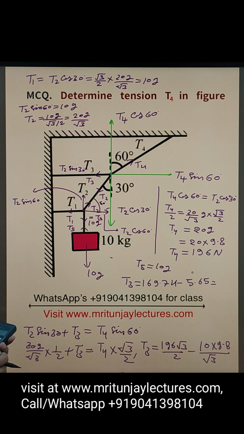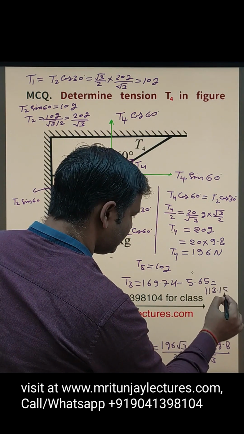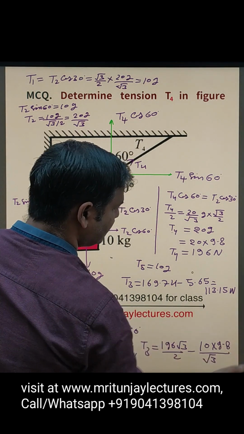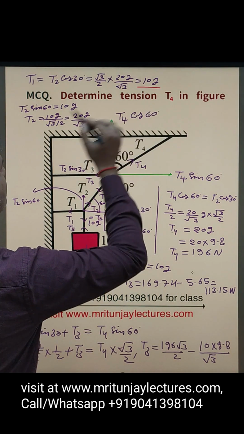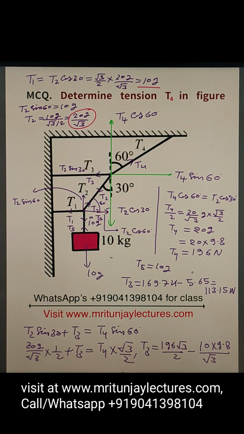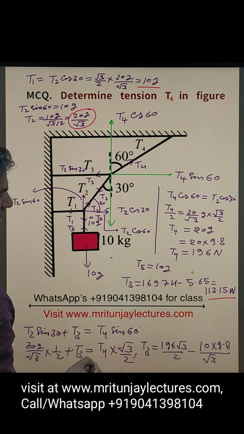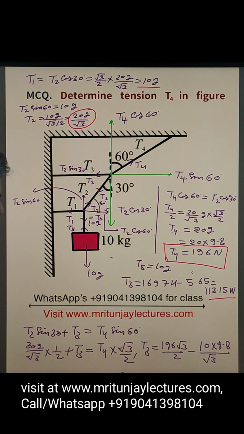Okay, how much? 174, that is 113.15 Newton. Okay, so final answer we got. What about T1? T1 is 10g. What about T2? T2 is 20g by root 3. What about T3? 113.15 Newton. And what about T4? Like that one. If any doubt, then comment it, I will discuss again.